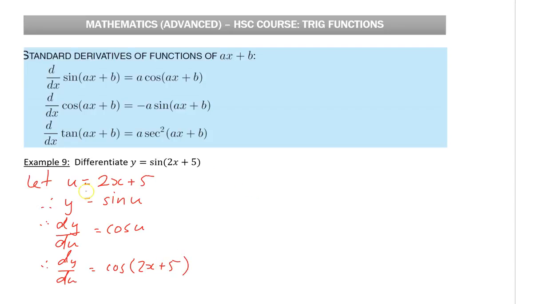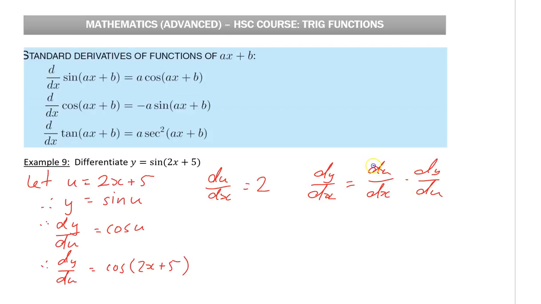Now I'm going to come over here. If I differentiate u with respect to x, I just get 2, don't I? And I can say that dy by dx, which is what we're trying to find, the differential of y with respect to x, equals du by dx times dy by du.